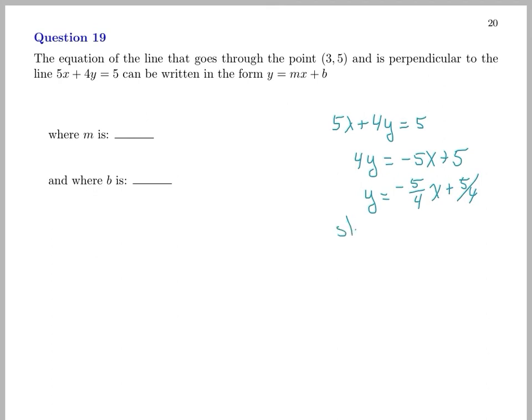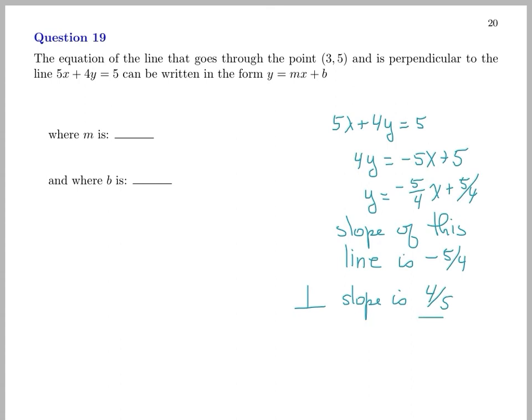So the slope of this line is minus 5/4. But since I want a line that's perpendicular to this line, that's going to be minus the reciprocal, so 4/5.